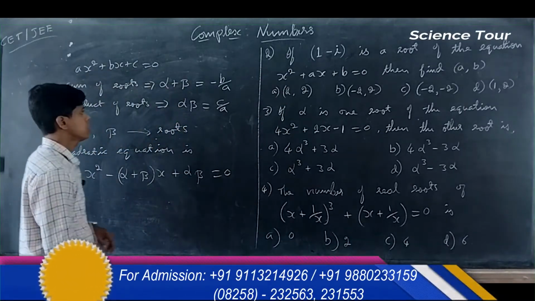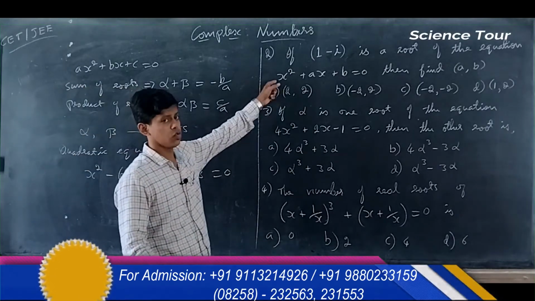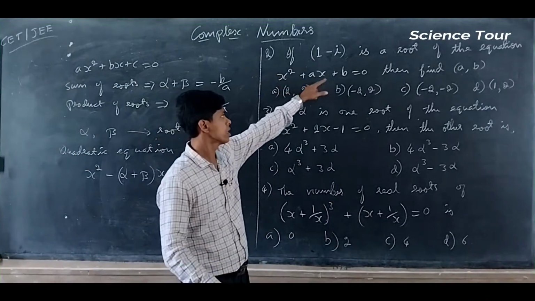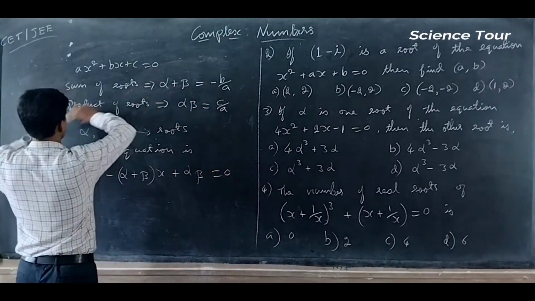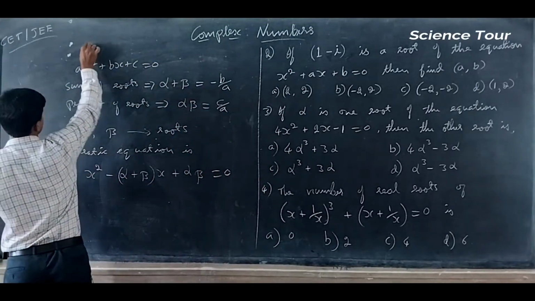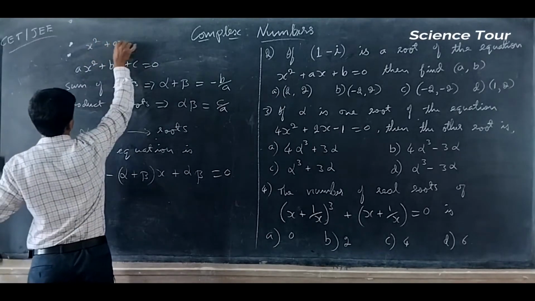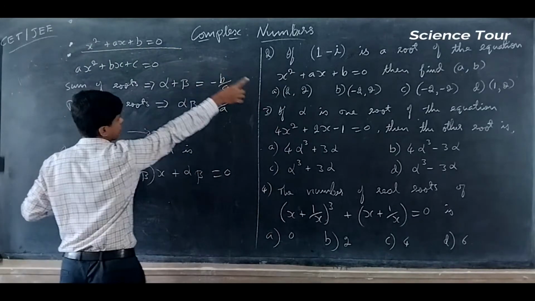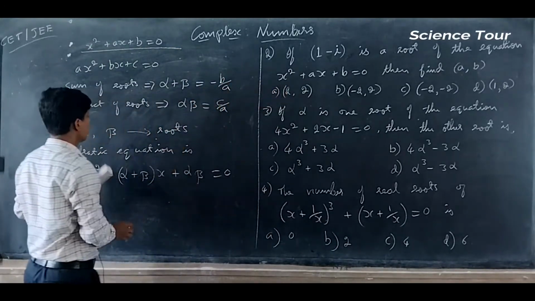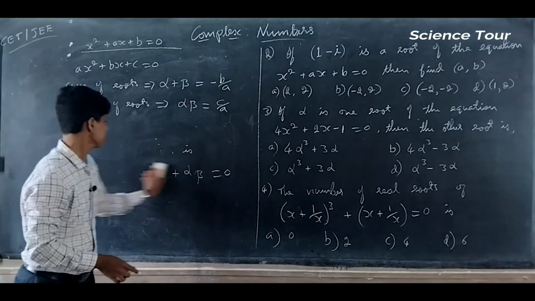Look at the first question. You don't have ax square, you just have x square, and ax plus b is equal to 0. See, what we have now is x square plus ax plus b is equal to 0. This is what you have. Therefore what will be sum of the roots?